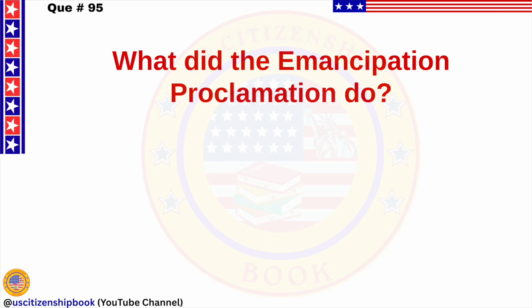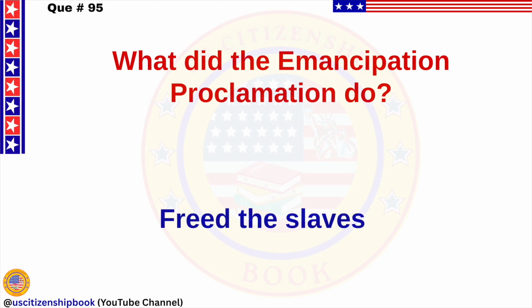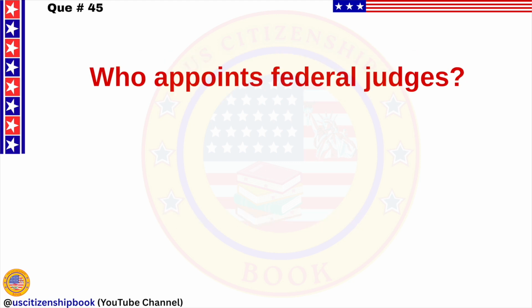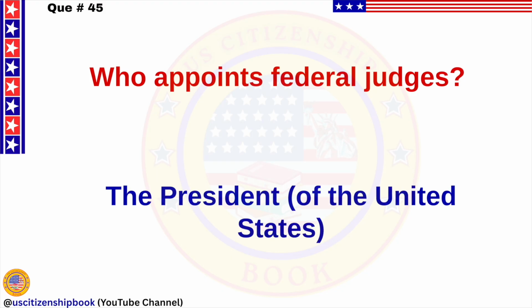What did the Emancipation Proclamation do? Freed the slaves. Who appoints federal judges? The President of the United States.